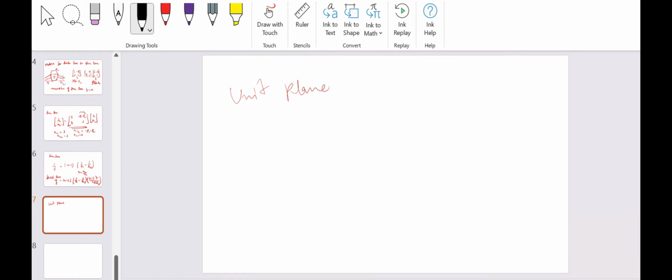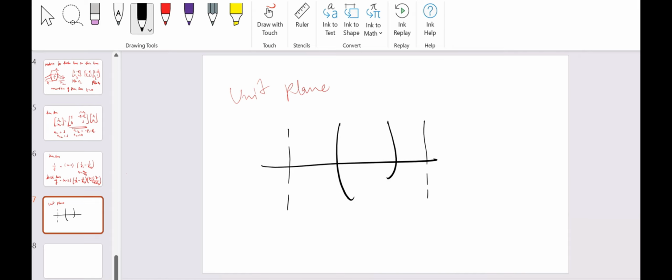For unit plane, the object and image will be the same height. Like this is the unit plane. If this is a unit plane and this is a unit plane, and we put an object here, we will get an image here, and they will be of the same height.